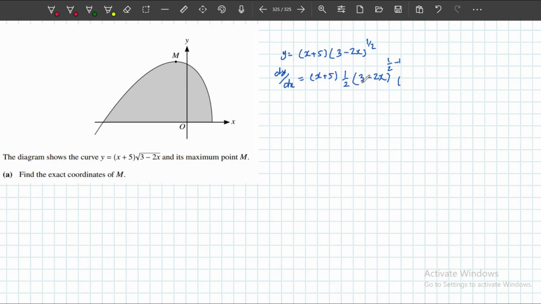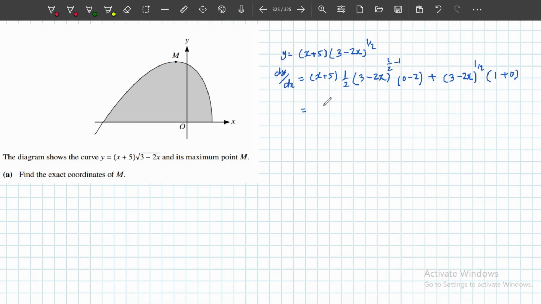Then we take the derivative of the function itself. So itself it is 3 minus 2x, that gives us 0 minus 2, and then plus the second function, which is (3 minus 2x) power 1 by 2 same, and the derivative of the first, which gives me the derivative of x is 1 and derivative of 5 is 0. After this we will try to simplify.